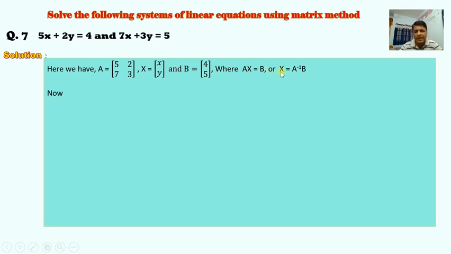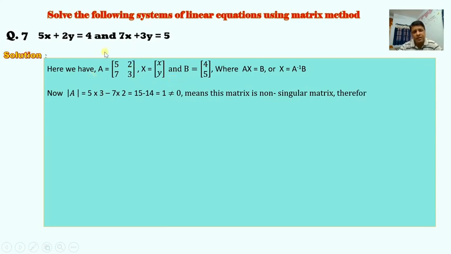So we have to find x is equal to A inverse B. For that we'll start with the determinant of A, where the value of A is 5 into 3 minus 7 into 2, 15 minus 14 is equal to 1, which is not equal to 0. What does it mean? It means this matrix is non-singular. That means there must be a unique solution of this linear equation of two variables. So the inverse exists. So let us go for the inverse.